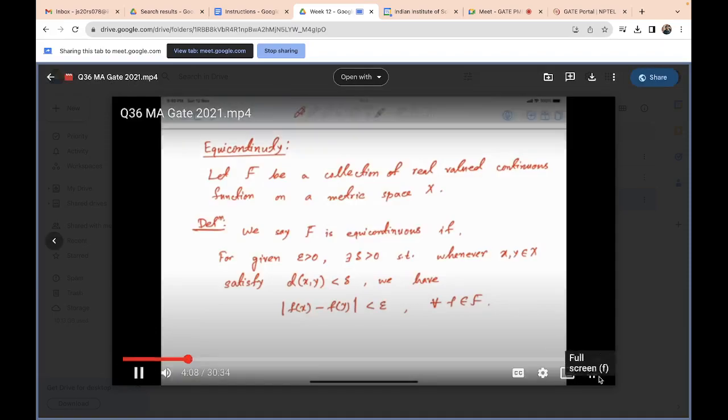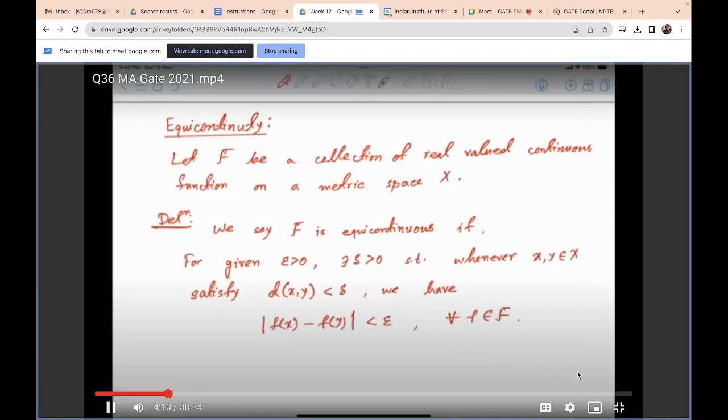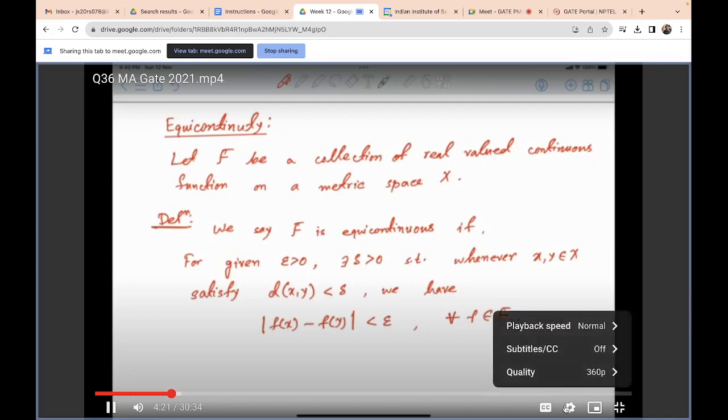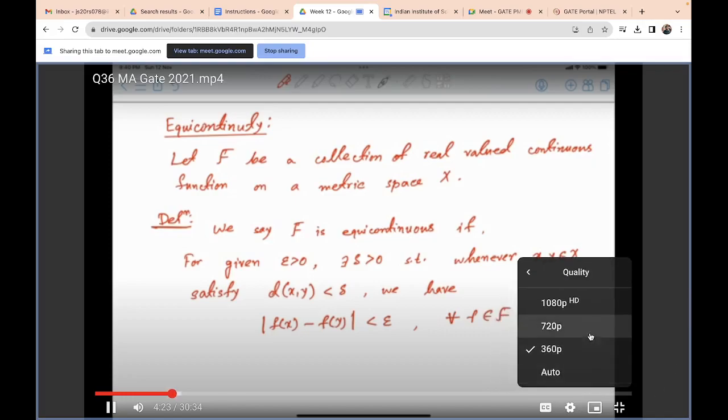This delta does not depend on x, y, so that whenever x and y are very close, meaning d of x comma y is less than delta, we have mod of f(x) minus f(y) is less than epsilon, meaning f(x) and f(y) are close.